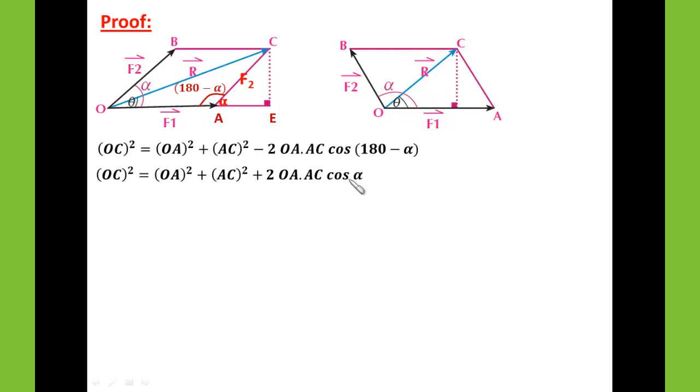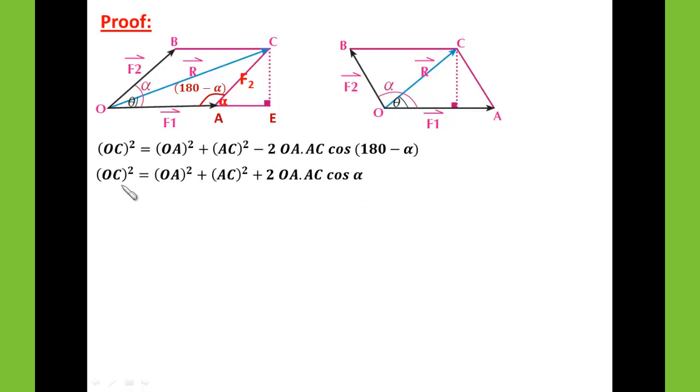Again, cosine 180 minus alpha equals negative cosine alpha. So we substitute cosine 180 minus alpha by negative cosine alpha. Negative multiplied by negative equals positive cosine alpha.